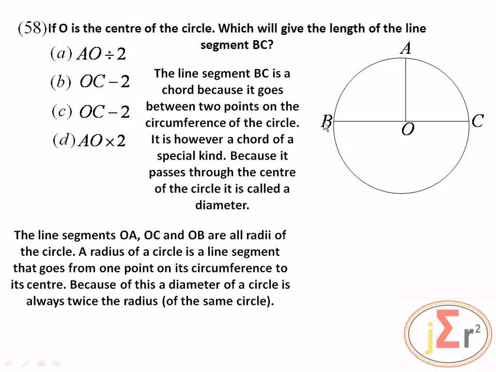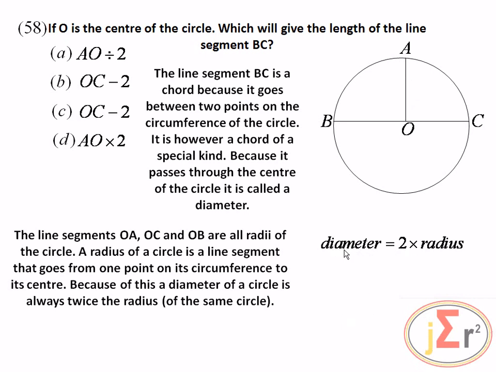So, the diameter goes from circumference to circumference through the center. And the radius always goes from the circumference to the center, or from the center to the circumference. Therefore, the diameter is always going to be twice the radius. That's what we have right there.